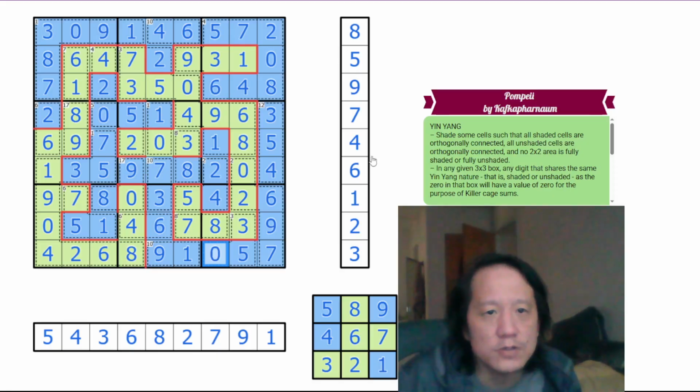Uh-oh. This 0 is missing 8, 4, and 5. This 0 is missing 2, 8, and 9. This 0 is missing 5, 9, and 1.